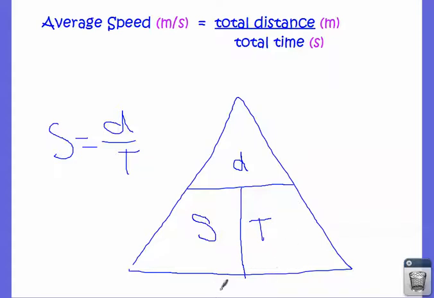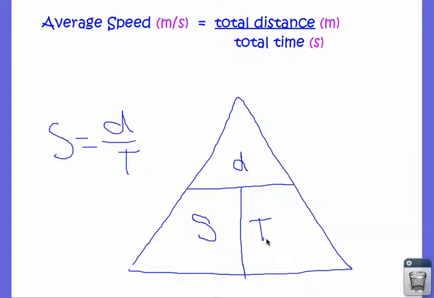And it's really easy to figure out what you need to do in order to solve for the various variables here. So if you're solving for speed, you just cover speed up, and when you cover up speed, you have that speed is equal to distance over time. And that means that in order to solve for speed, I take distance divided by time.